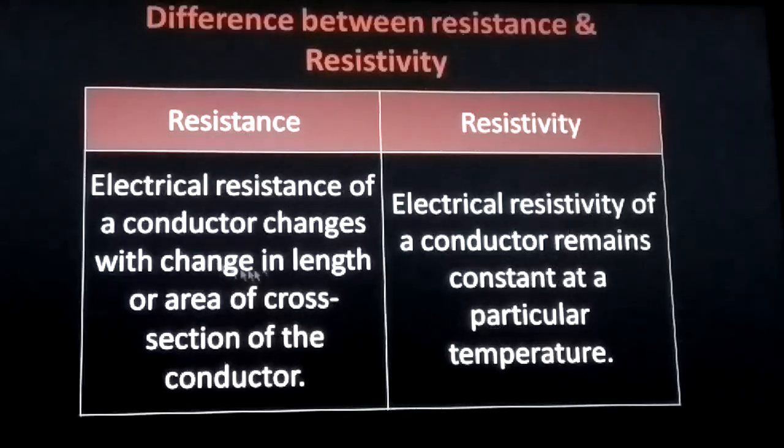But in the case of resistance, it increases or decreases depending upon the length and the area of the cross section of the conductor. If the length increases or decreases, the resistance also increases or decreases. If the area of the cross section increases or decreases, then also resistance increases or decreases.